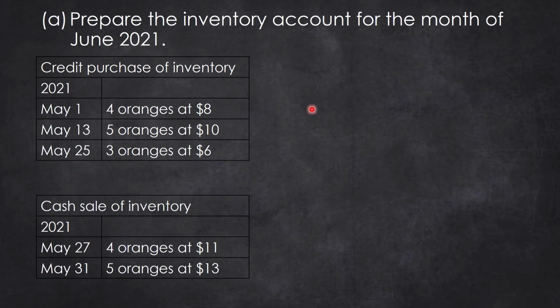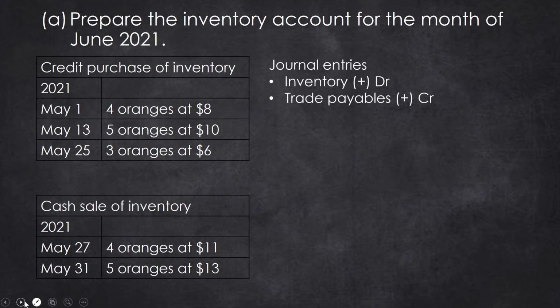If I were to prepare the inventory account for the month of June, I would have to take into account the credit purchase of inventory and the cash sale of inventory. Now let's do a recap of what these double entries are. When I purchase inventory on credit, because I bought inventory, I would record the journal entries: inventory increase, inventory debit, because inventory is an asset, and I have to pay for the inventories.